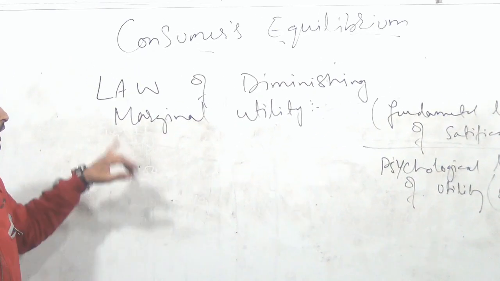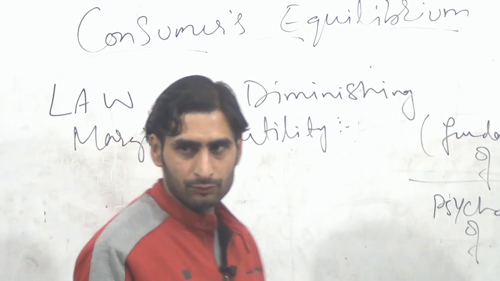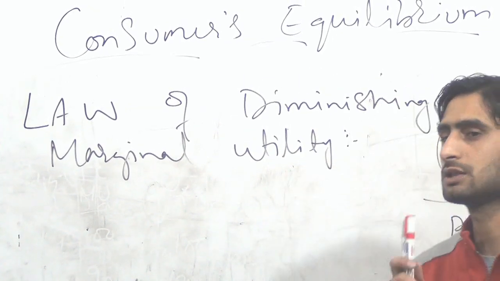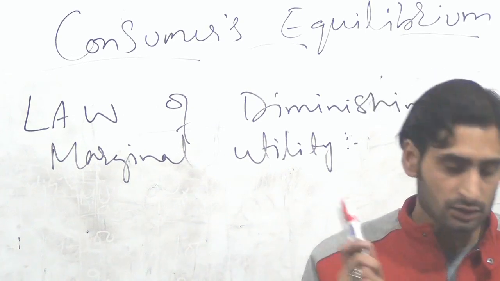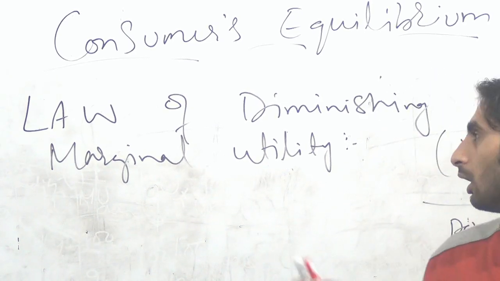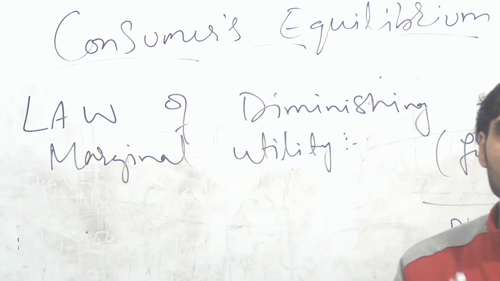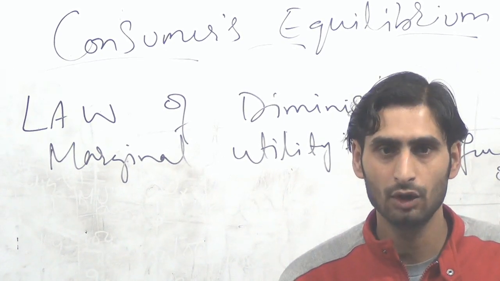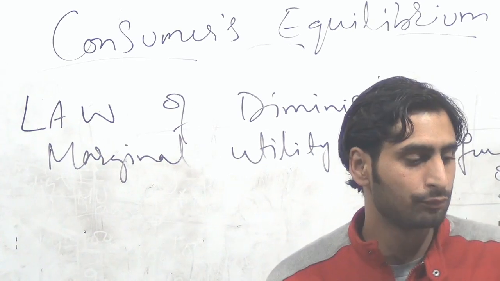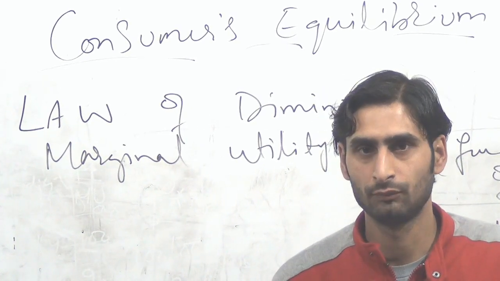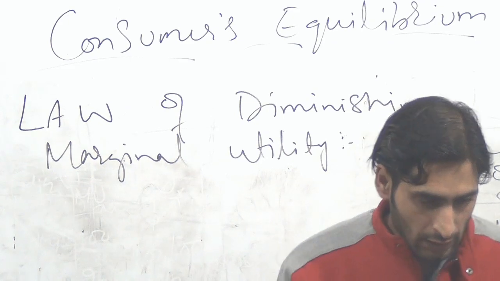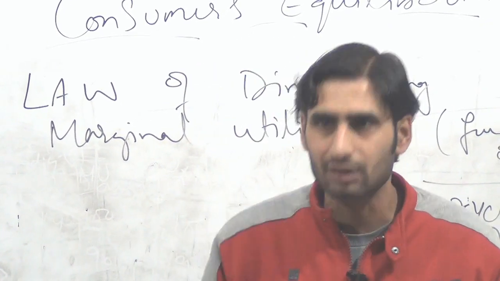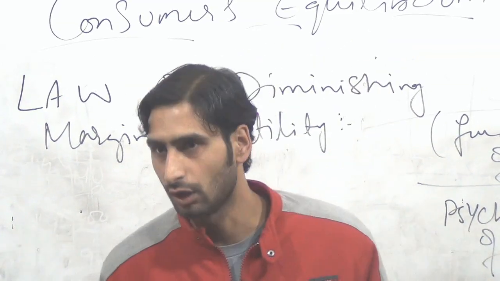So dear students, what does the law state? You must note that every law has a statement, and the law of diminishing marginal utility states that as more of a commodity is consumed, marginal utility derived from every additional unit consumed declines. So simple the law is.